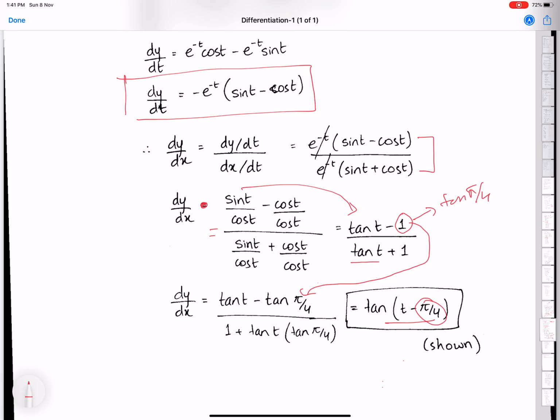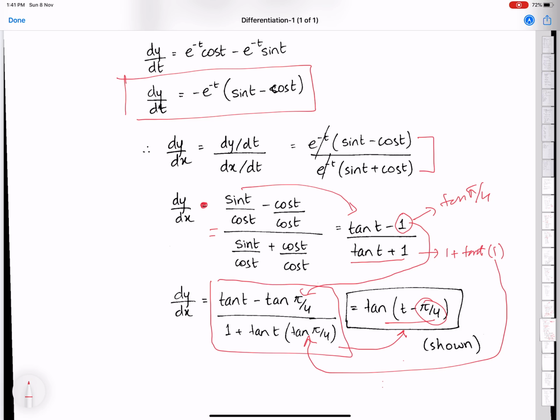And in the denominator, you need to write tan t plus 1 as tan t times 1, and 1 is tan pi by 4. So after writing this whole thing, you can factorize this in this way. Make sure you are good with the formulas of trigonometry, especially the sum of angle formula, which is used here. If you are good at trigonometry, you can easily handle these things.